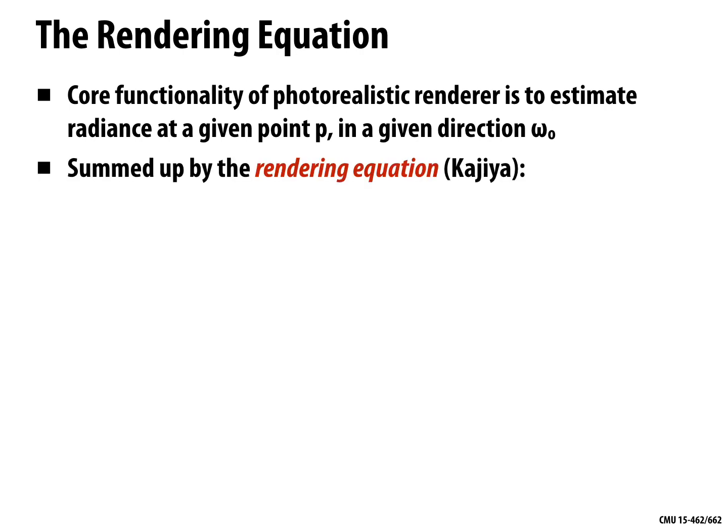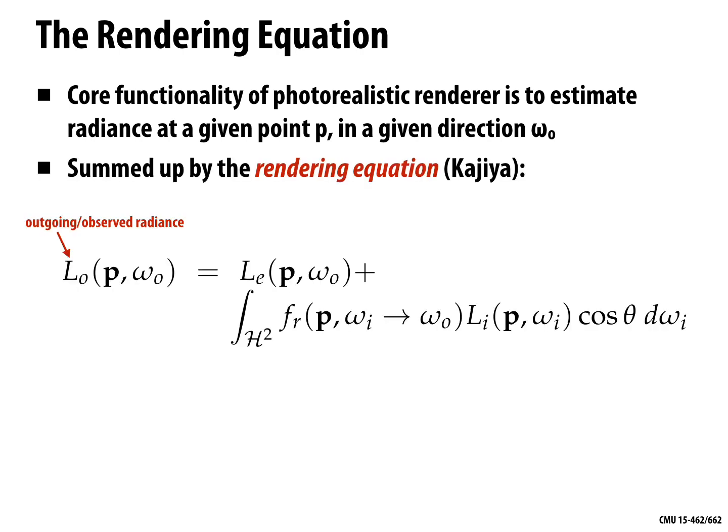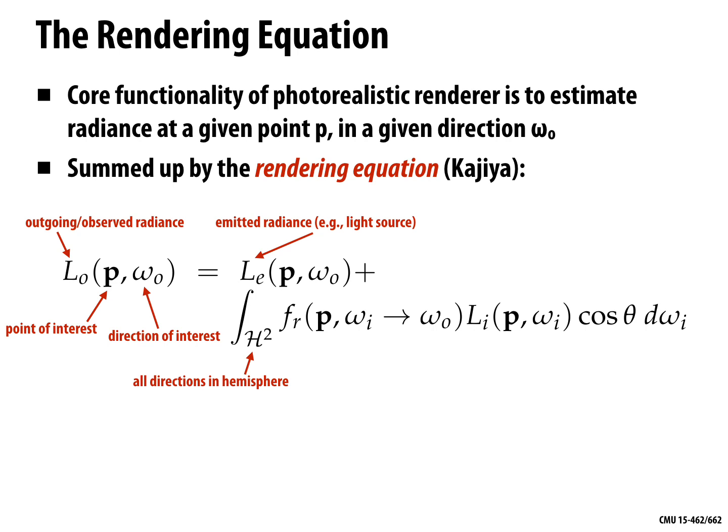Well, it's summed up by this rendering equation, which says the radiance that's observed or that's leaving a point P in a direction omega naught is equal to the emitted radiance at that point. So how much light is actually being generated and being shot out of that point in that same direction, plus the integral over all incoming directions of the incident radiance Li at that point in the current direction that we're integrating over.